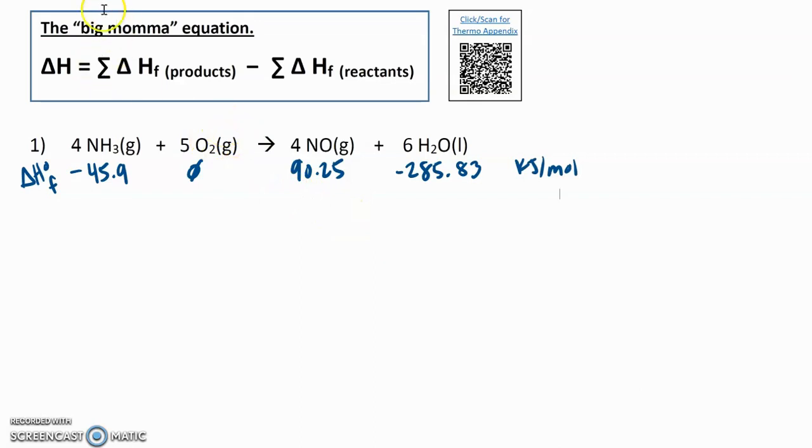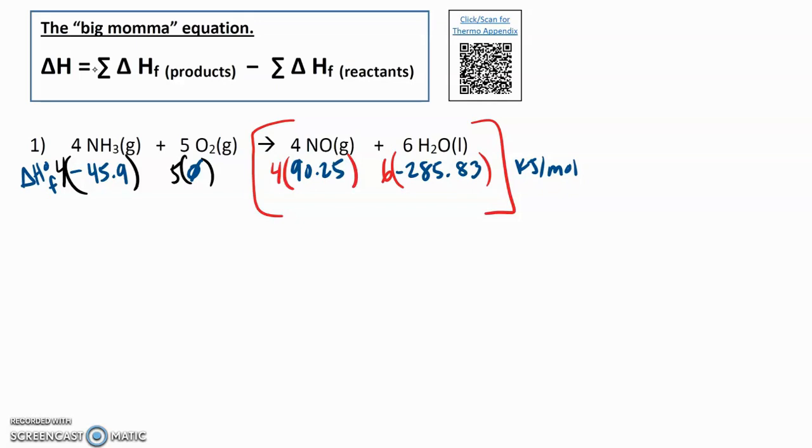And we're going to follow our Big Mama equation here. We're going to take the sum of all of our products, remembering to multiply their heat of formation values by their respective coefficients. Here are your products in red, and we're going to do the same thing for our reactants. We're going to multiply their values by their coefficients, so 4 and 5 for that 0.